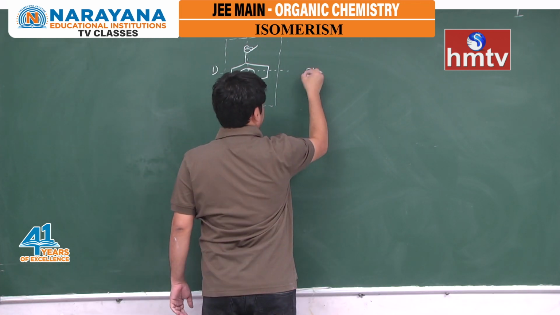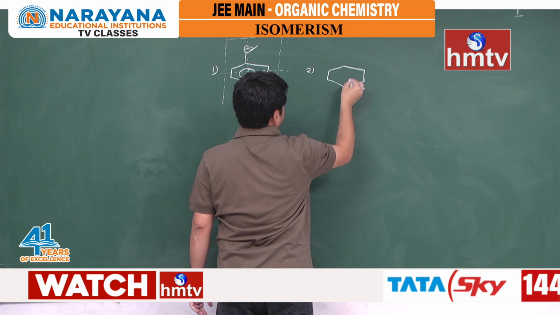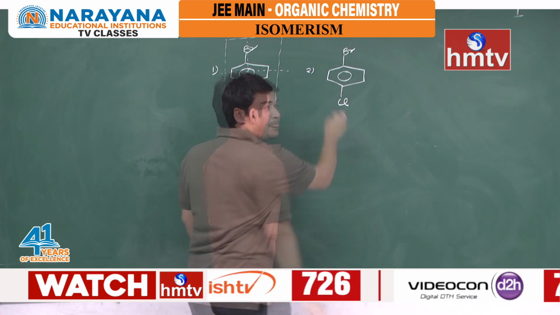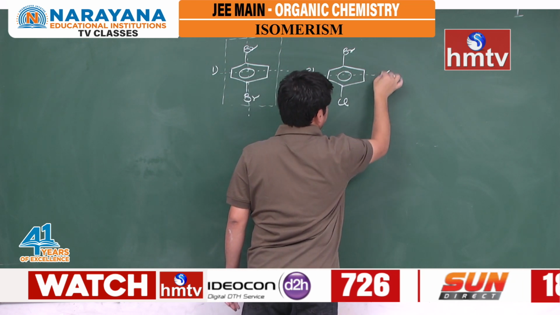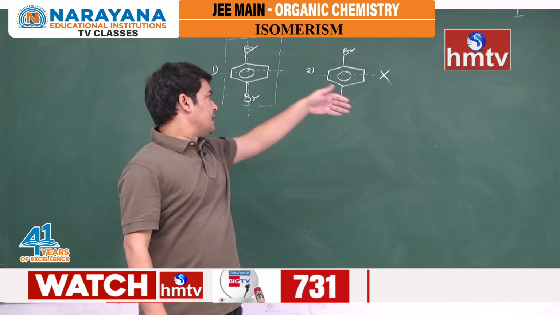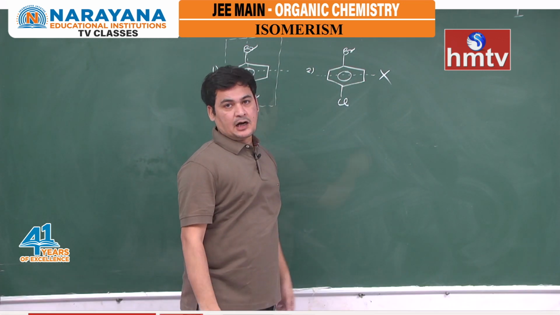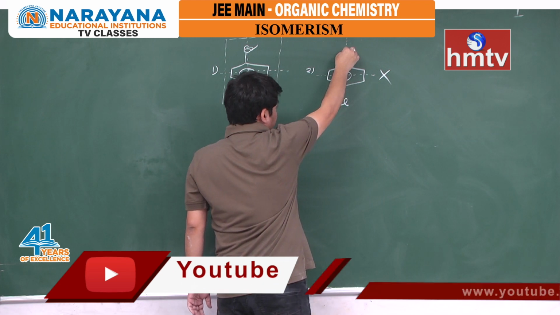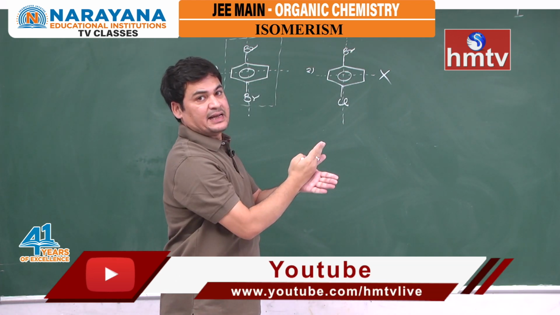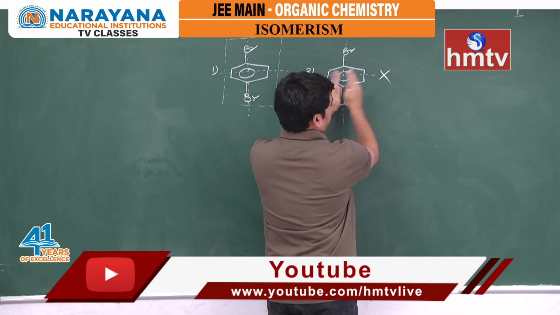Second example, suppose you have a benzene ring, here Br, here Cl. A horizontal plane of symmetry is not there because on the upside we have Br and on the downside we have this chlorine. If you go like this, the dihedral plane of symmetry, both Br and Cl are bisected, then you will get mirror images here.